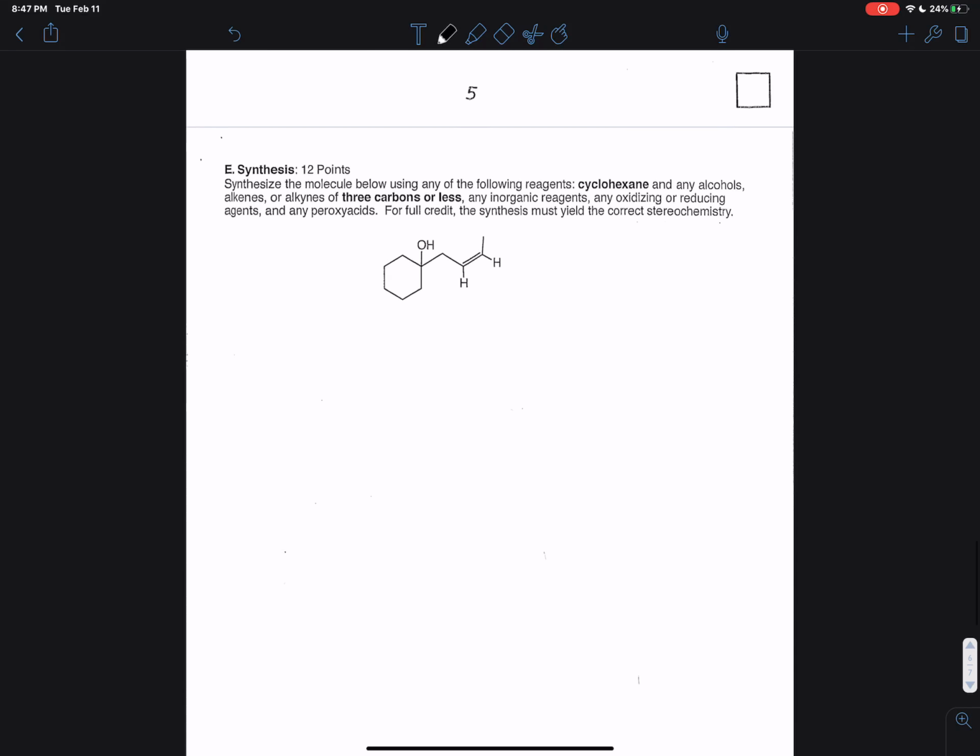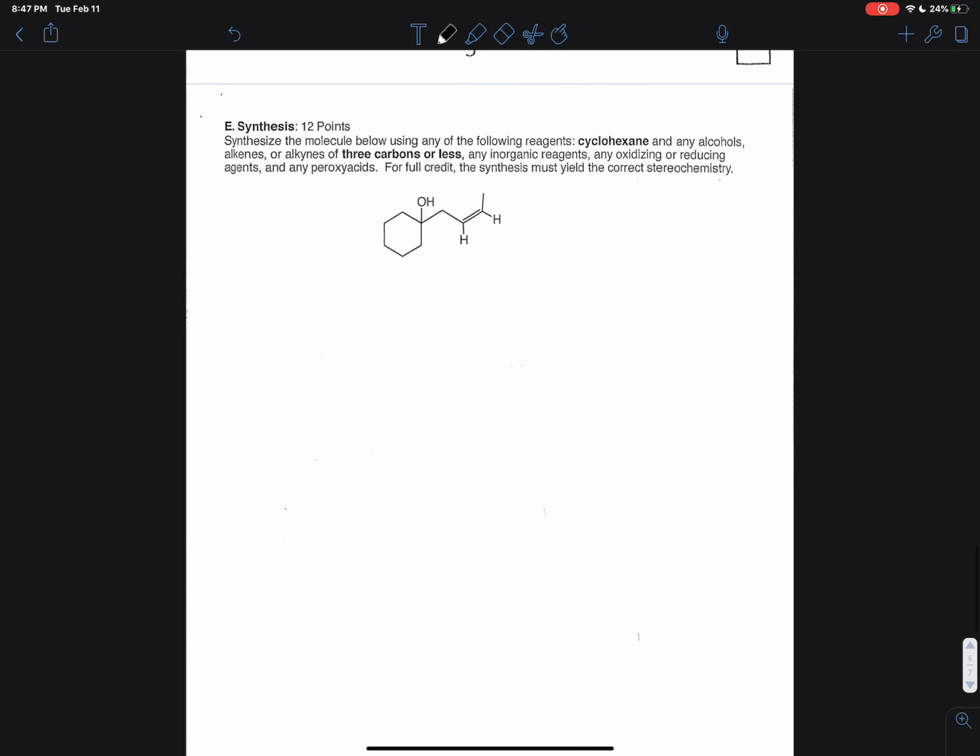Okay, so we'll do synthesis. Let's read what we can start off with. So we can start off with a cyclohexane, just like that, any alcohols, alkenes or alkynes, so no alkanes, of 3 carbons or less. So less than or equal to 3 carbons. And then let's write the different kinds we can have.